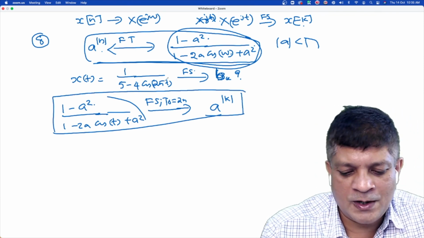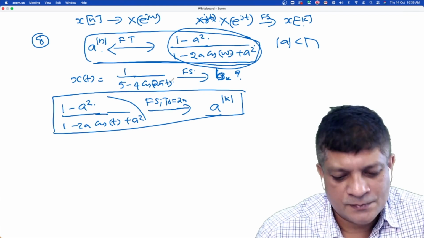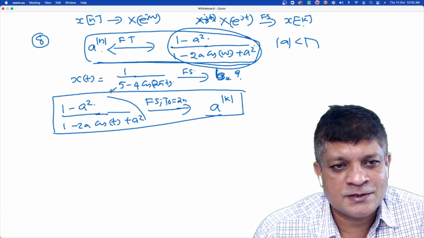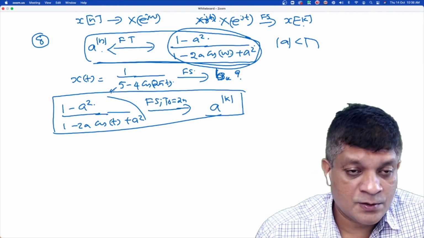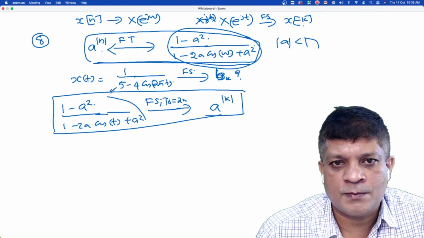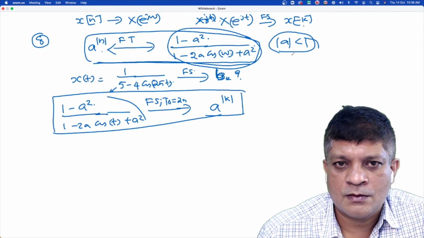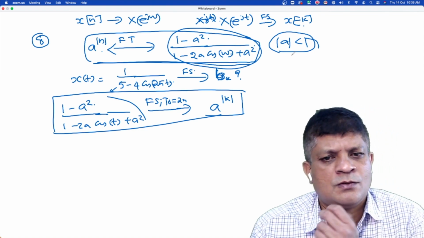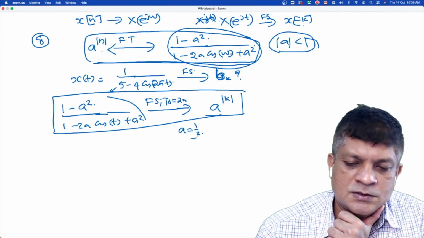Now we have to find the Fourier series coefficient of this signal. So how are they related? We have to find the value of a. What is the value of a here? 2 or minus 2? But mod a is less than 1. So it is 1 by 2, half.